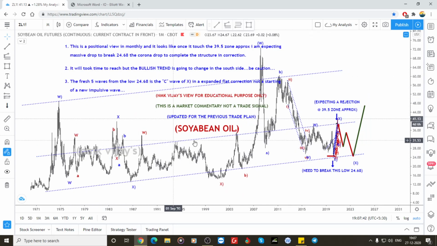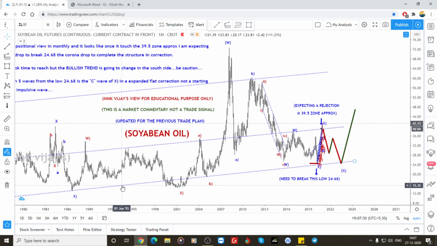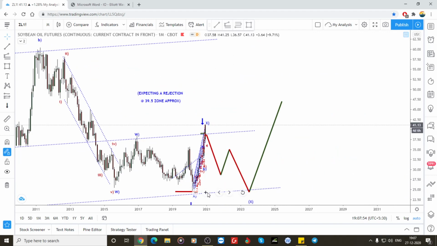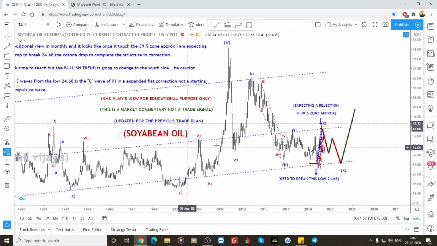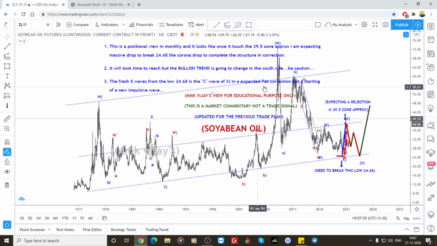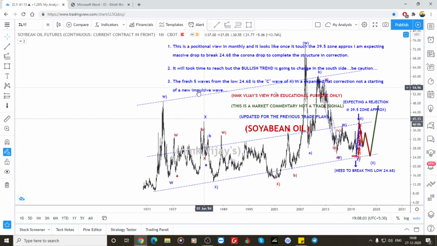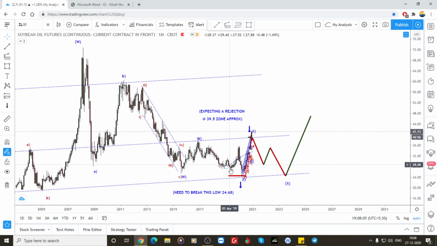This is the median line and this is the bottom trend line. It is actually taking support perfectly here, and that median line, and this is the upper trend line. So according to this, if you analyze it, you can catch this zone.